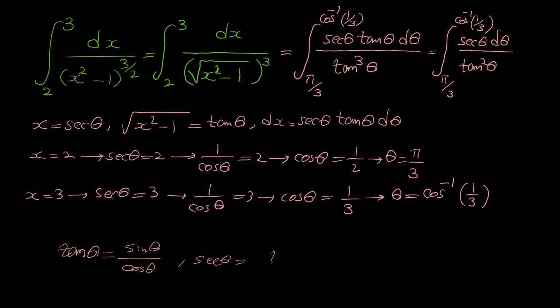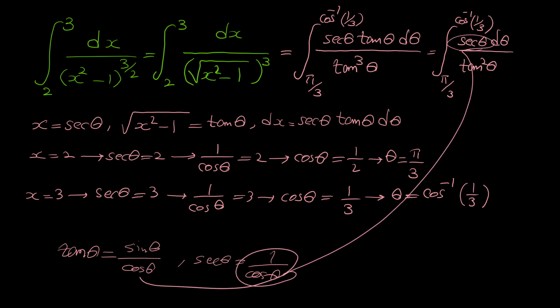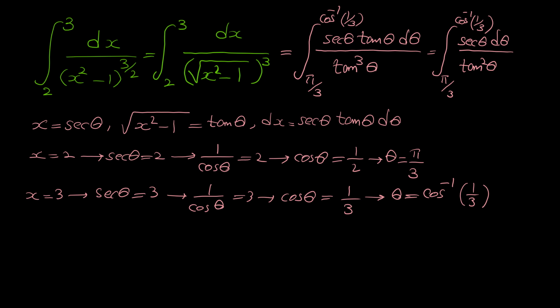Secant is 1 over cosine. So we can replace this secant with 1 over cosine, tangent with sine over cosine. So we have, let me continue from here, integral from pi over 3 to cosine inverse of 1/3.